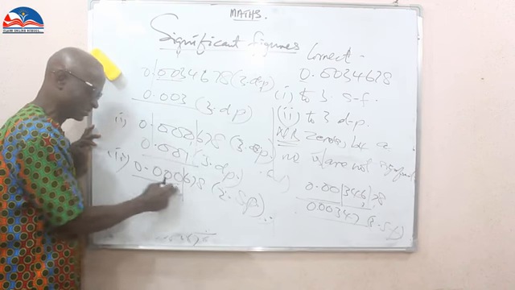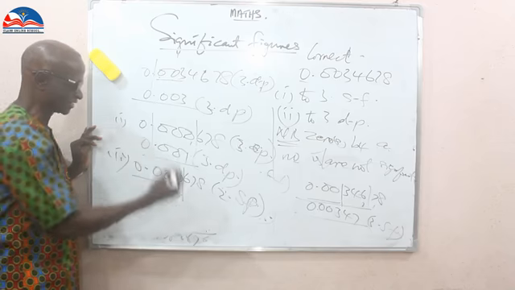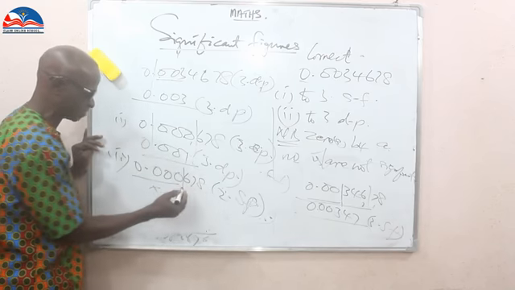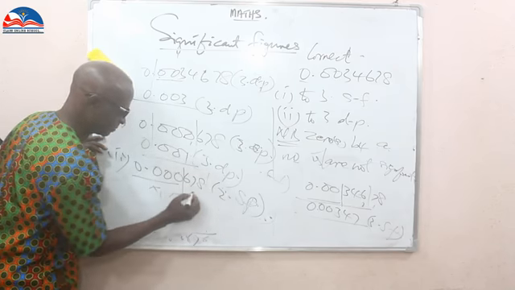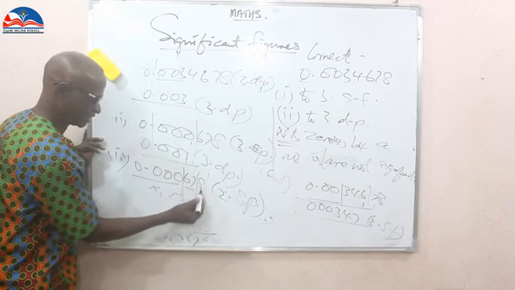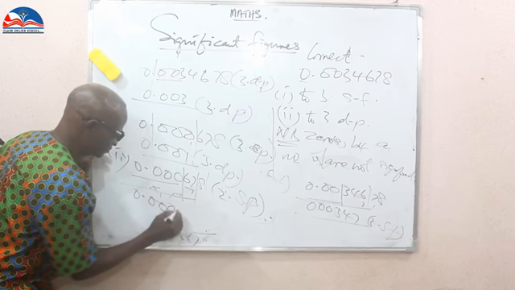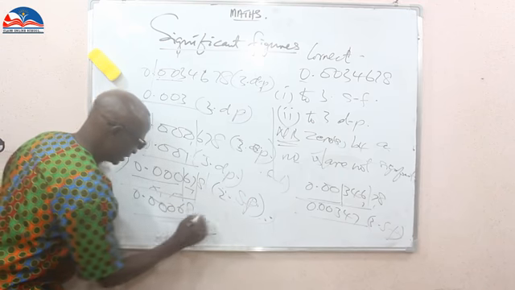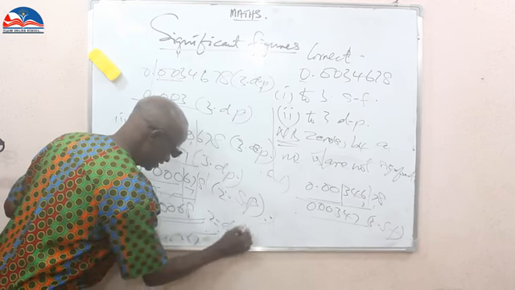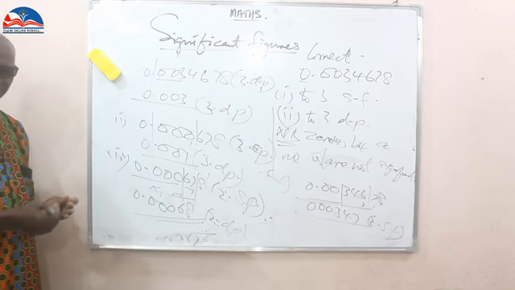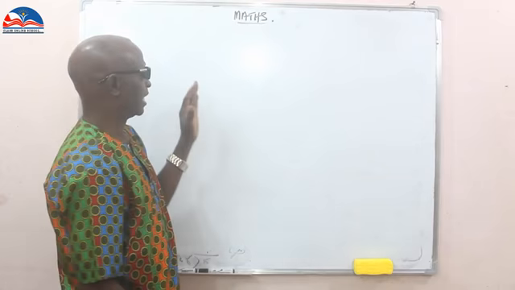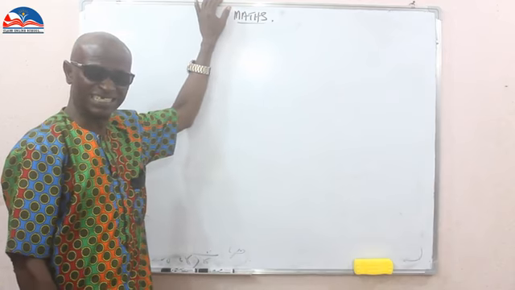But for significant figures, these zeros are not significant. You now start counting from 6, the first 2 numbers you see: 6, 7, 8. Since it's 2 significant figures, just 6, 7, but this 6 adds to it, so your answer would be 0.00068, to 2 significant figures. Okay, that's all. Now the last stage of approximation will be percentage error.